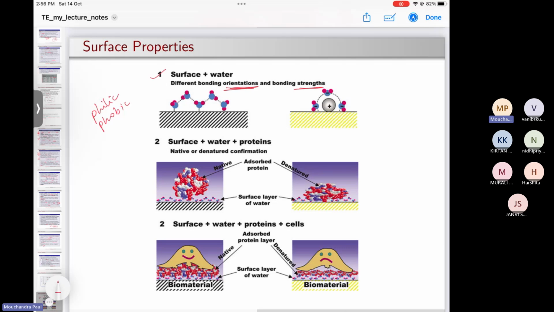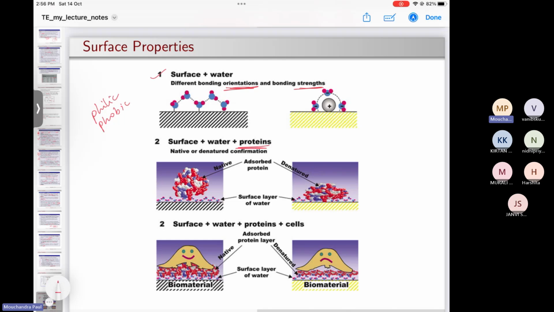Next comes in the protein mixture that is present in the blood, say. Okay, the protein then sees the surface, not directly, it sees the layer of water molecules that is adsorbed. So depending on how the water molecules are adsorbed, the adsorption of protein will happen. It will affect the mechanism by which the protein will adsorb on the surface.